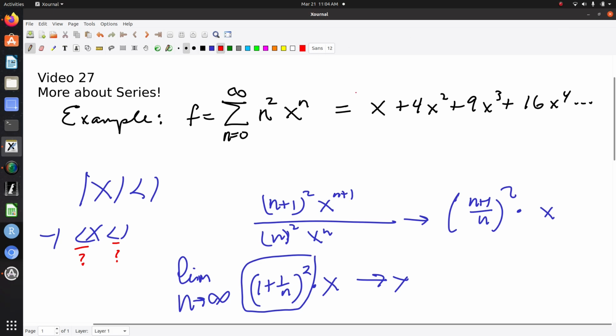Okay, so the endpoints diverge because you're going to get 1 plus 4 plus 9, blah, blah, blah. So that's obviously not any good. Or when x is actually equal to -1, it's going to be minus 1 plus 4 minus 9, etc. Those are not decreasing absolute values. So we just go ahead and do not claim the endpoints, but it's okay. Otherwise, we've got -1 to 1 and just the open interval that converges. It converges there.